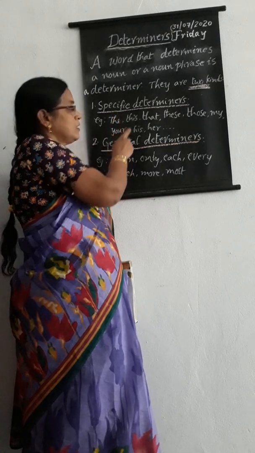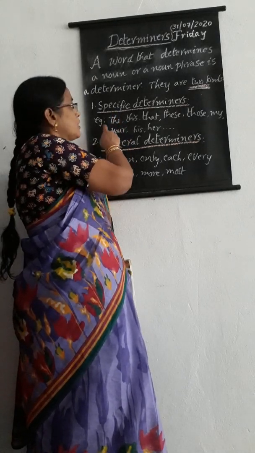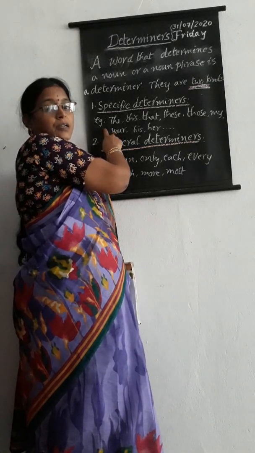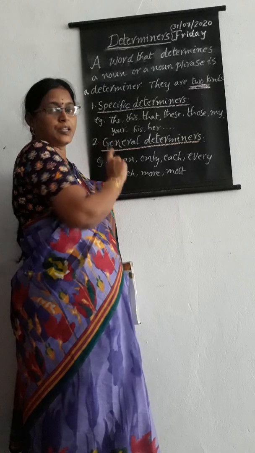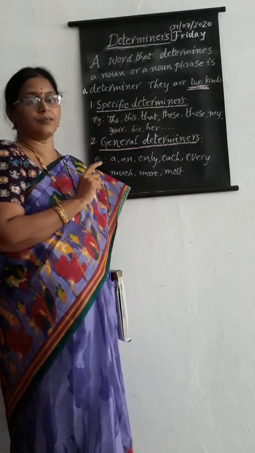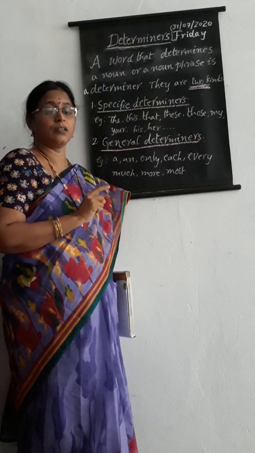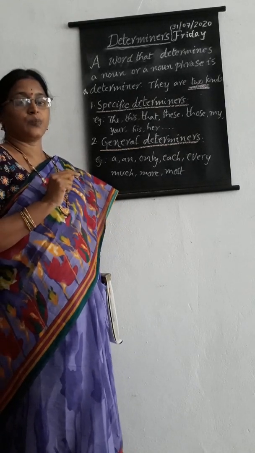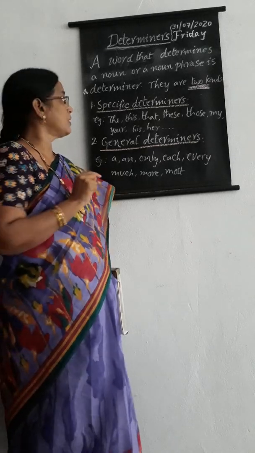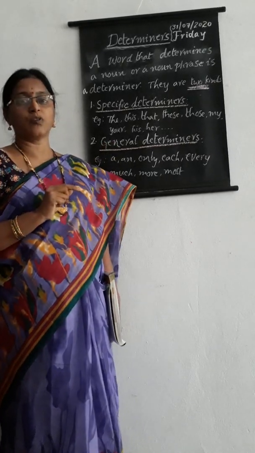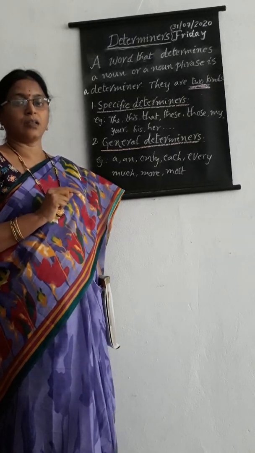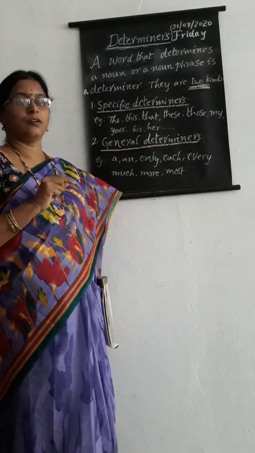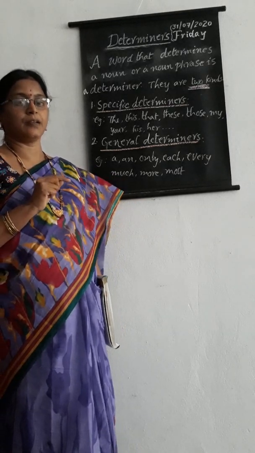Specific determiners, general determiners. First of all, what are specific determiners? Specific determiners are used to talk about specific people or things, or to indicate a specific person or thing.